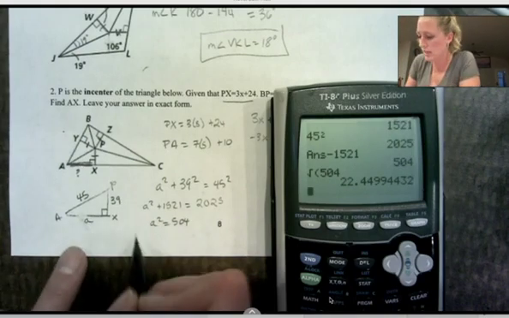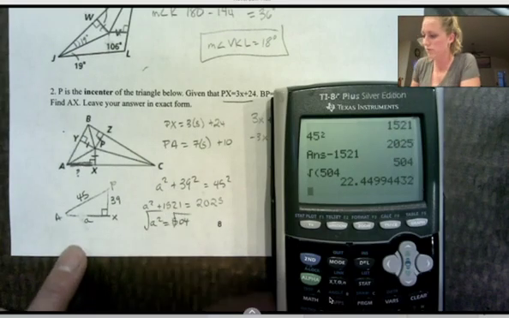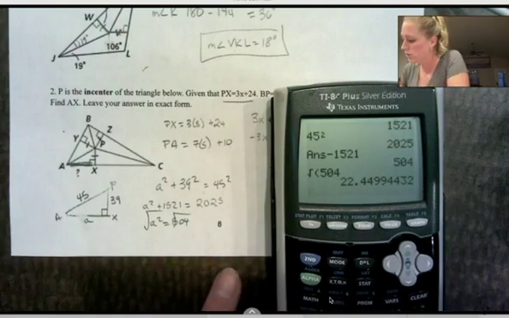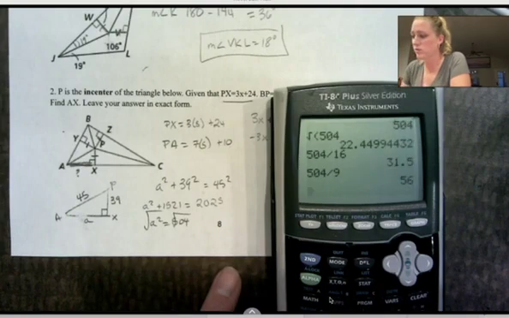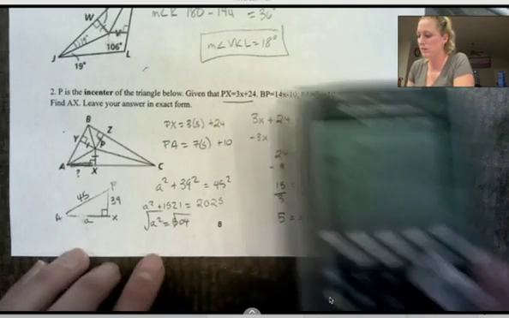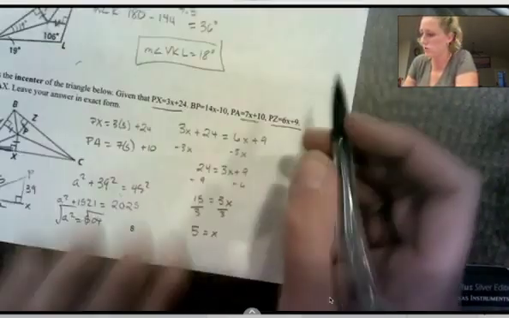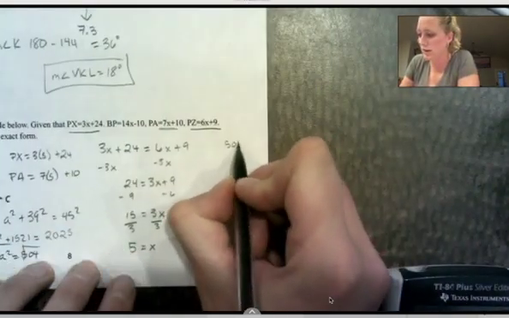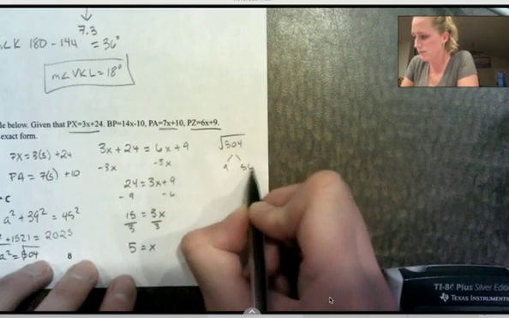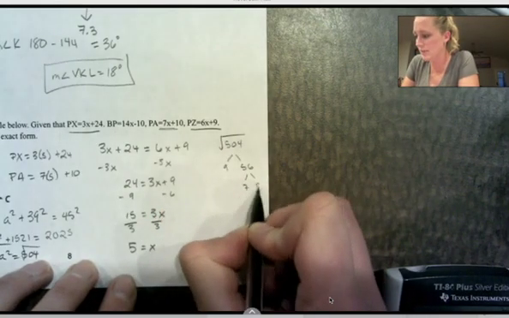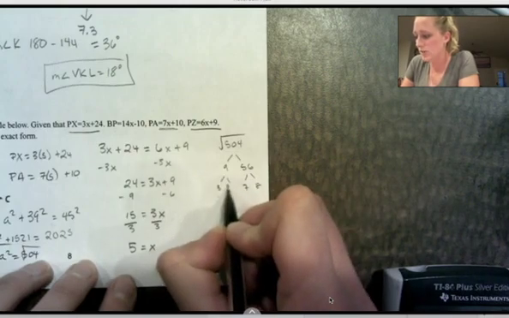So I want to see, can I break down the square root of 504? So I'm going to do some division here. Let's see. Oh, okay, so 504, 9 goes into it evenly. So I'm going to do a little breakdown. I'm going to do this off to the side. So 504 is 9 times 56. 56 is the same as 7 times 8. 9, I can do 3 times 3.